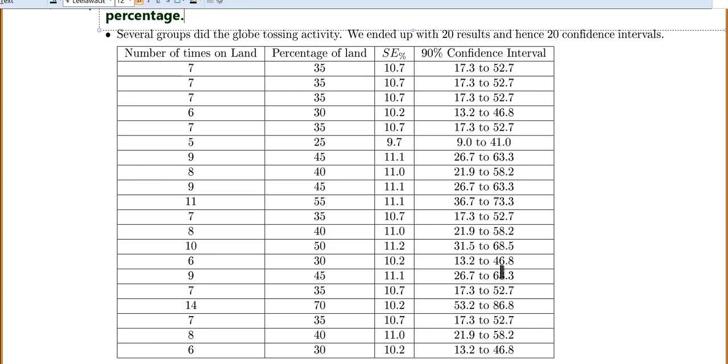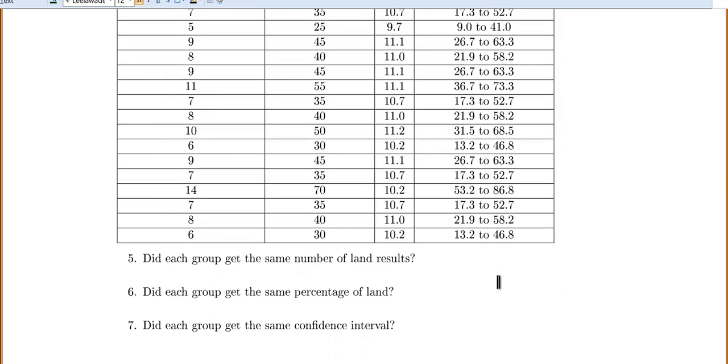So if they're all getting different confidence intervals, how do they know if their confidence interval contains the true percentage? And the answer is they don't. Unfortunately, they just don't. So, did each group get the same number of land results? No. Did they each get the same percentage of land?